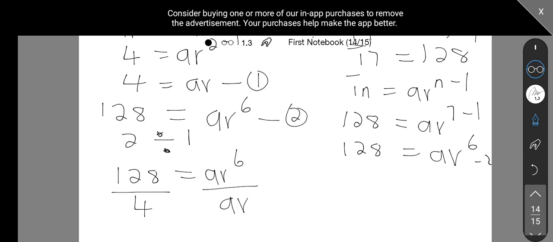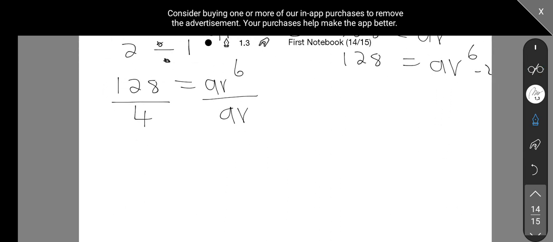I hope you understand that. Then 128 divided by 4 gives us 32. This means that 32 is equal to, well, if you can notice, r cancels the r. We are left with r to the power of 6 divided by r.